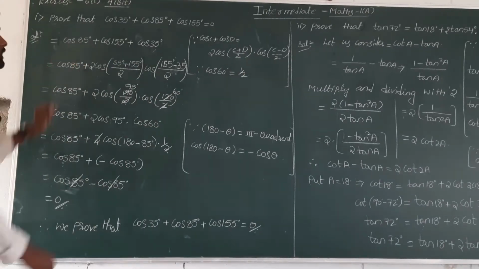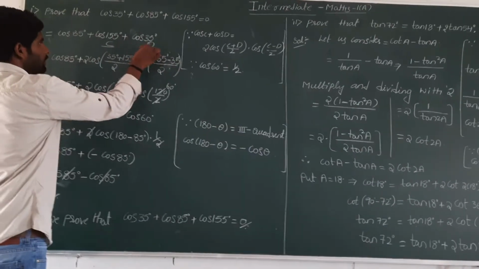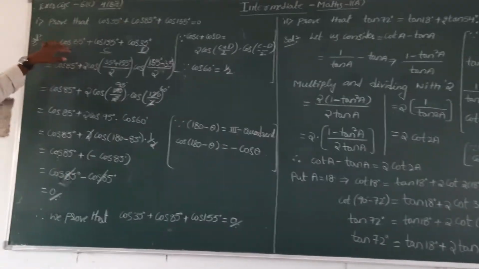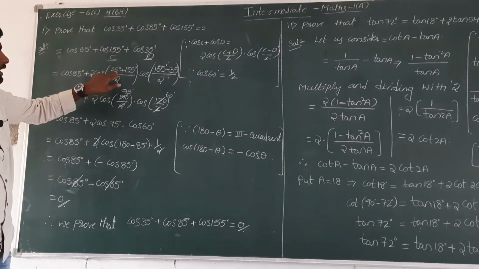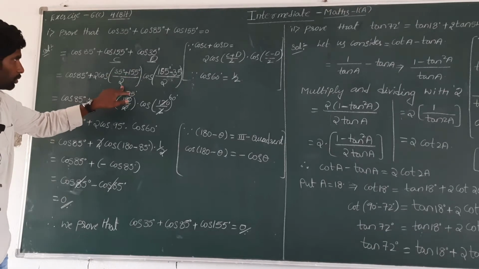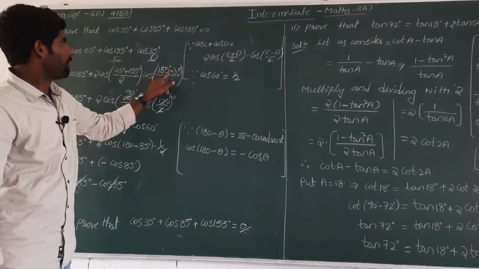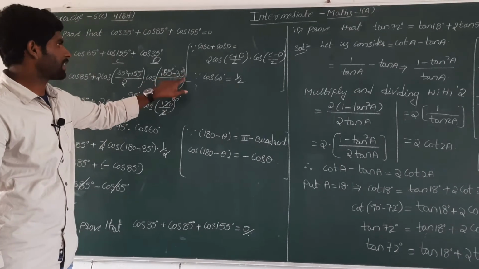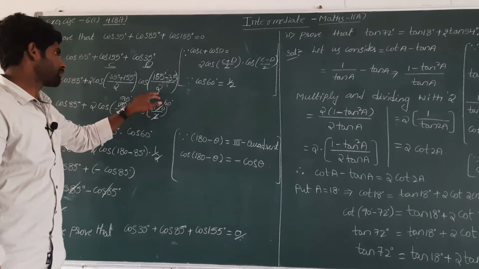So here this is the C, this is the D. So as well I write cos 85 plus 2 cos (35 degrees plus 155 degrees) divided by 2, this is nothing but the C plus D term, into cos (155 degrees minus 35 degrees) divided by 2, this is nothing but the C minus D by 2 term.